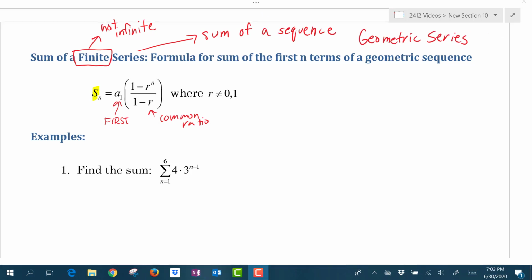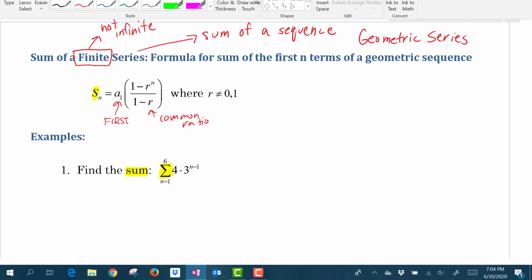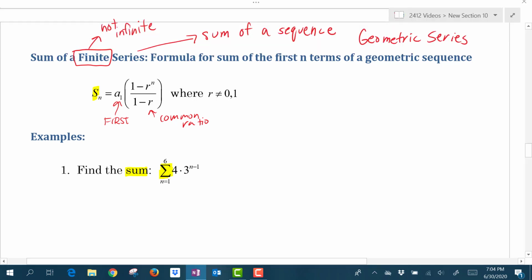So in our example down here, we see find the sum, and we have this expression that contains that notation that we talked about before, that's sigma. Remember, sigma also stands for sum. So we're asked to find the sum of the first 6 terms of the sequence.